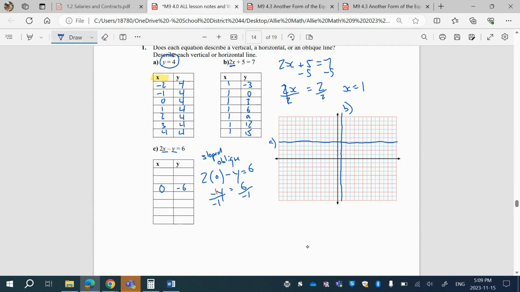And then if we put a 0 into the y, we get 2x, subtract 0 equals 6. So 2x equals 6. Divide by 2. Divide by 2. We get x equals 3. So when y is 0, x is 3.